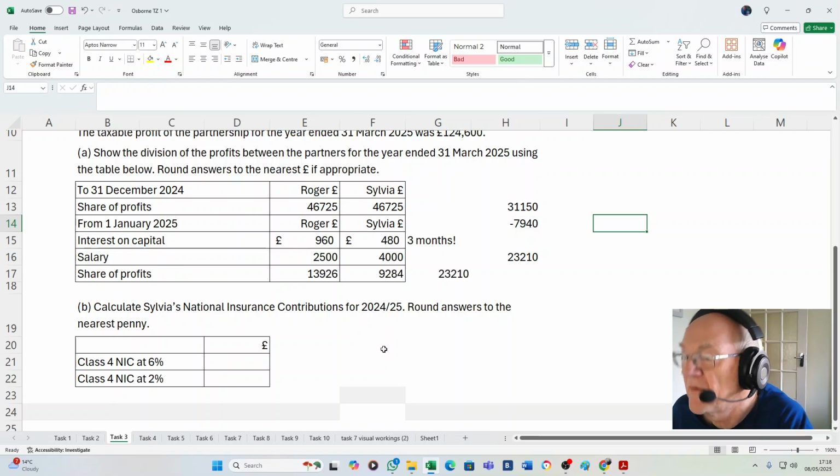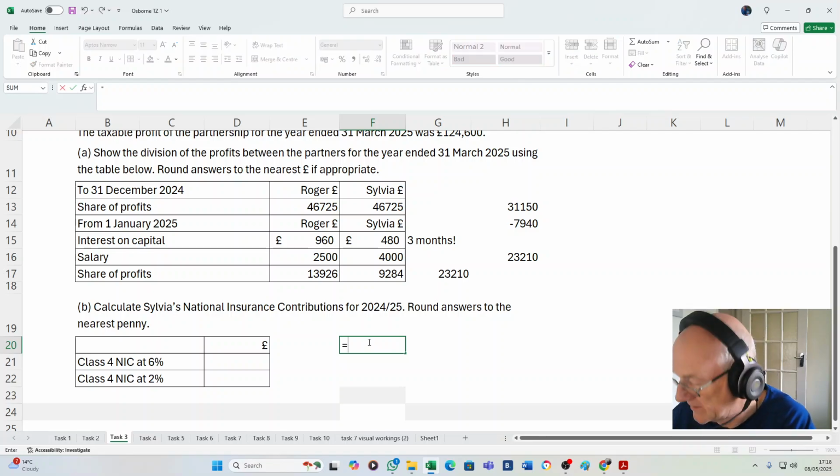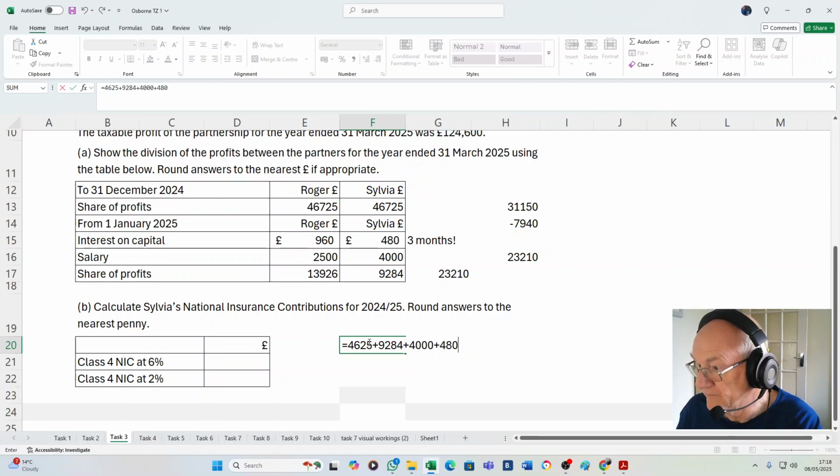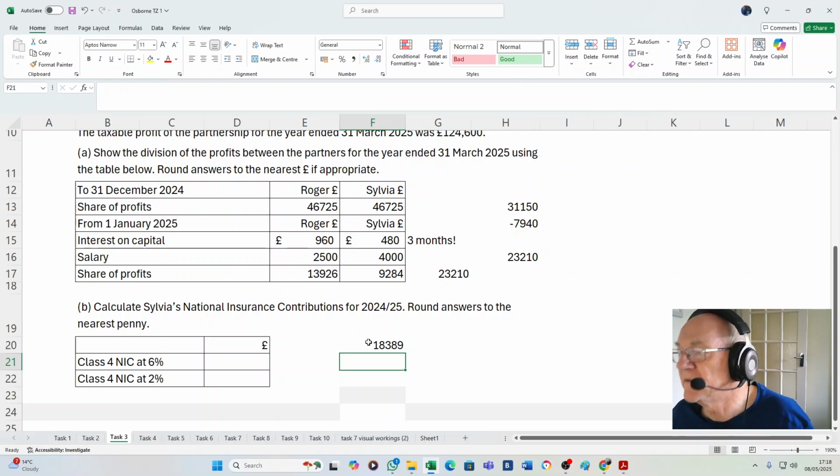So we need to just remind ourselves that we're doing her 46,725 and her 9,284 share the profits and her £4,000 and the interest on capital, because it's 4%. And then we can start working out her national insurance. So we might as well do the sort of the meaningful work here.